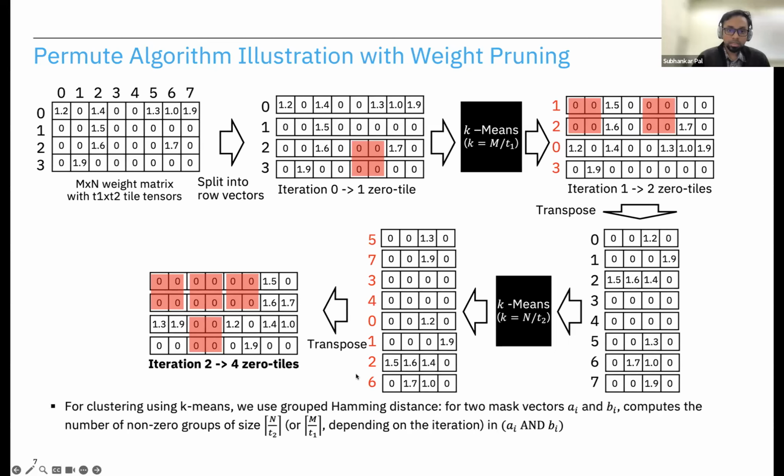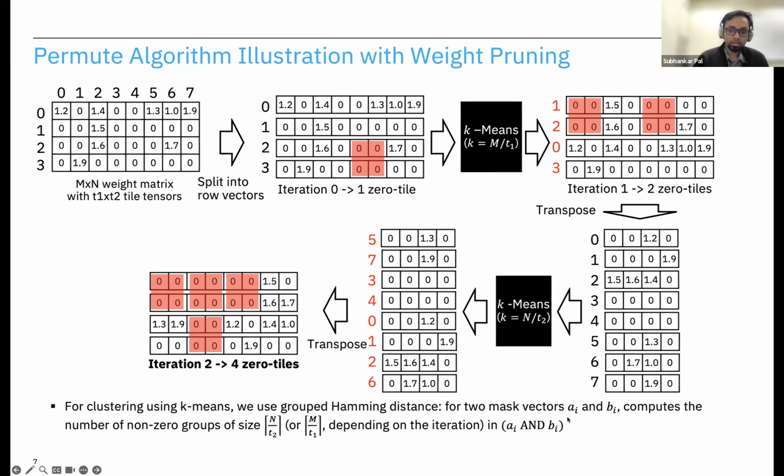Okay, so some details: the k-means treats each row as a data point. So we need to define a distance function for the k-means algorithm. We constructed something called grouped Hamming distance.